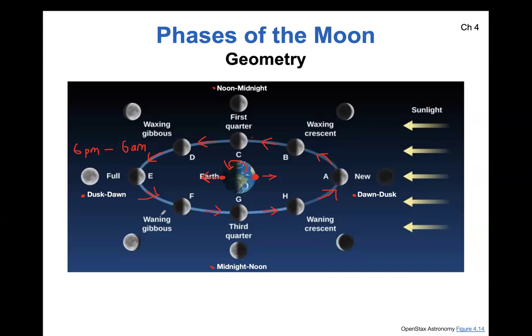Once we get to the waning gibbous, it is not visible at 5 p.m. because the waning gibbous would rise at around 9 p.m., since it has to rise later than the full, and it's going to set at around 9 a.m. I was totally confident. I almost second guessed myself, but absolutely.